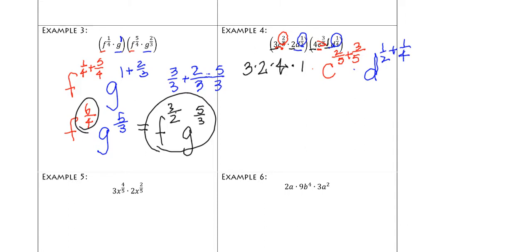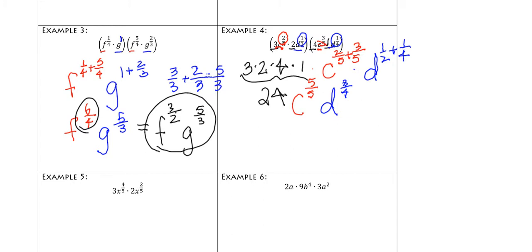So the coefficient out front, 3 times 2 times 4 times 1 is 24. c to the 5/5 and d raised to the 3/4 power.